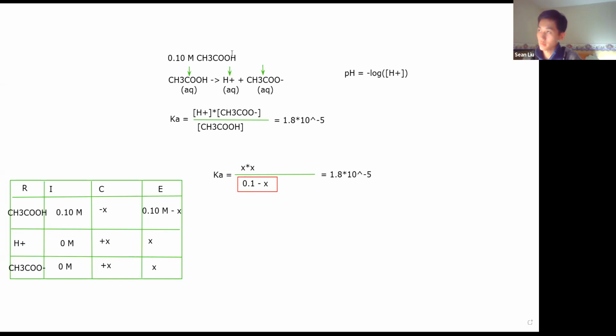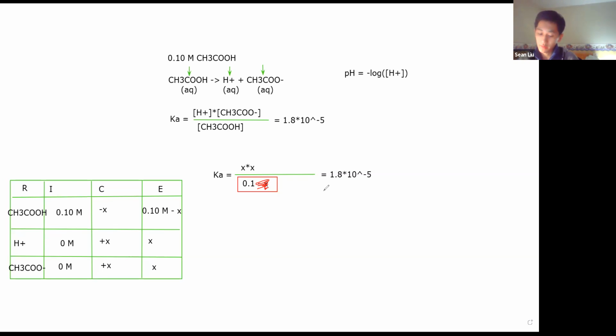So if I were to replace this with just 0.1, of course X is going to be different, but it's not going to be different by that much. So we can simplify this equation by making this small assumption, and that makes our equation something that we can solve in our head.